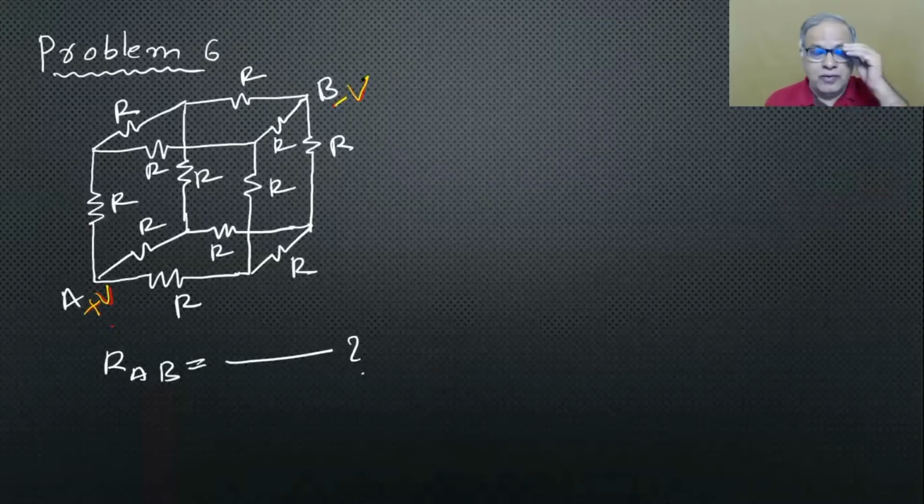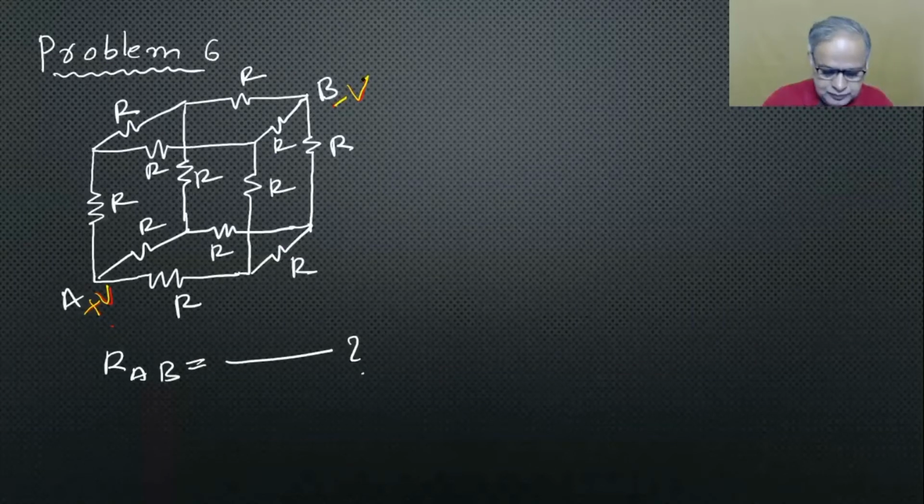Now look for the symmetric paths. I told you first look for the symmetry of the circuit as a whole. There's a small difference between the circuit being symmetric between 2 points and finding out the symmetric paths.